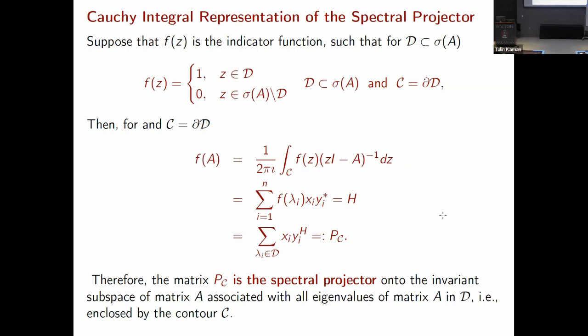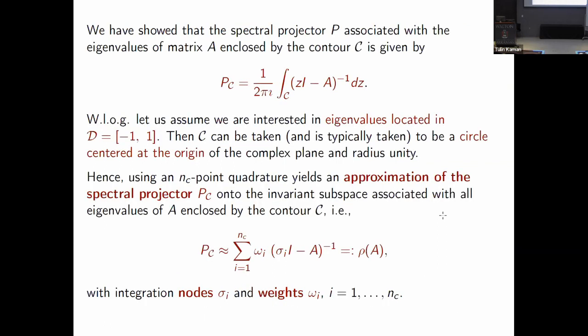So it's kind of reverse engineering: to get a spectral projector I need the eigenvalue decomposition, and then I use it to calculate eigenvalues. But that's just a theoretical motivation for how the connection comes in.